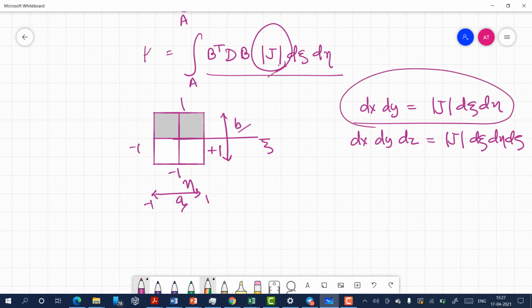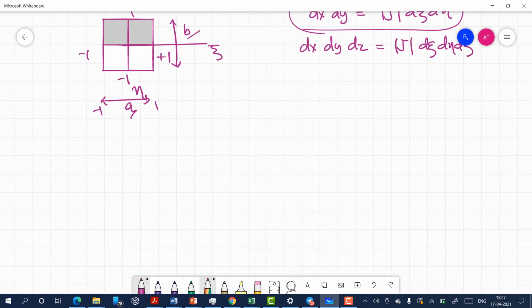We still have not solved the problem of numerical integration, but we have come from the global coordinate system to the local coordinate system, and now our stiffness matrix can be written as the integral from -1 to +1, -1 to +1, of B transpose D into B, d zeta, d eta. This is what we now have to solve.